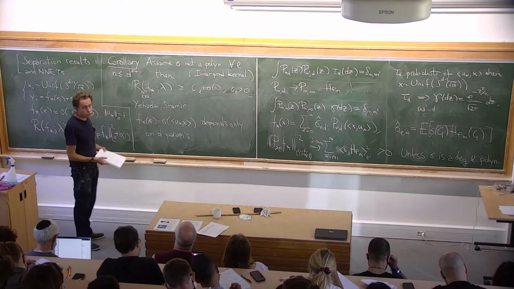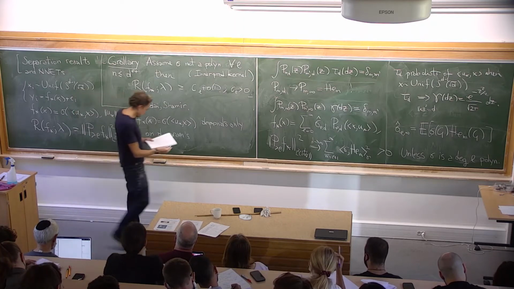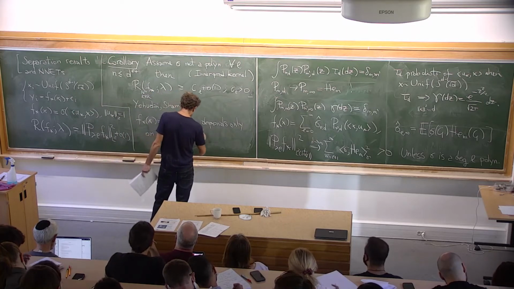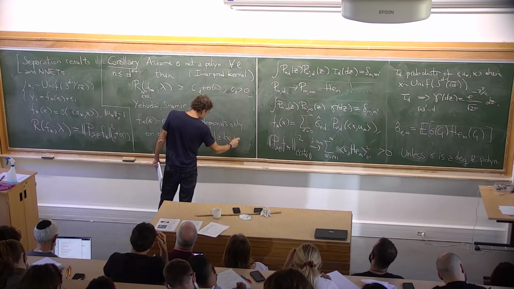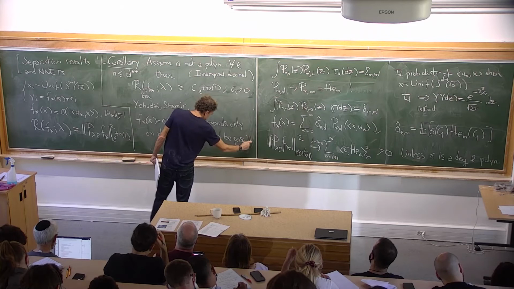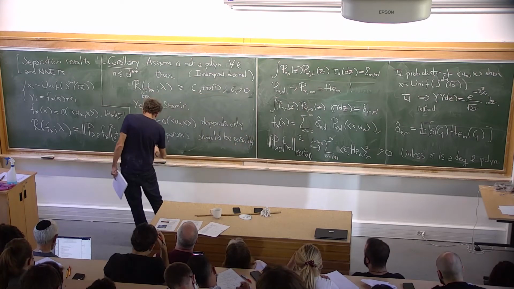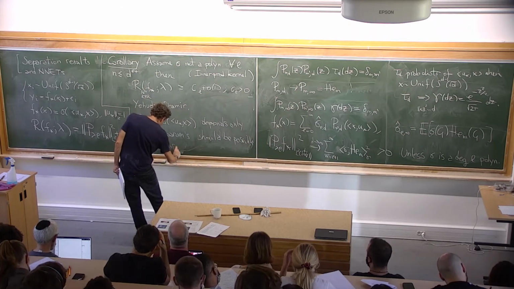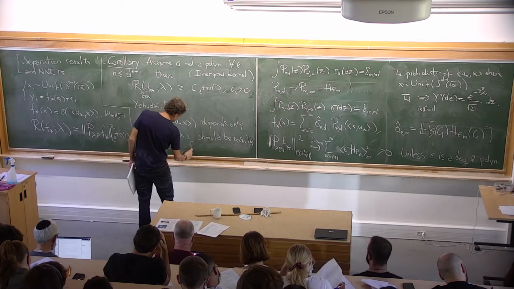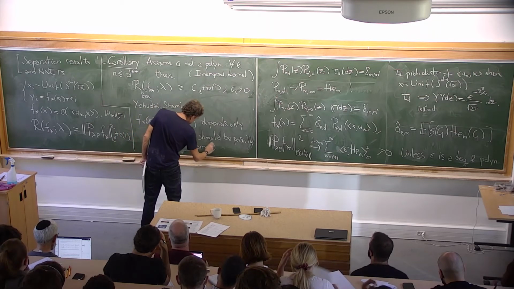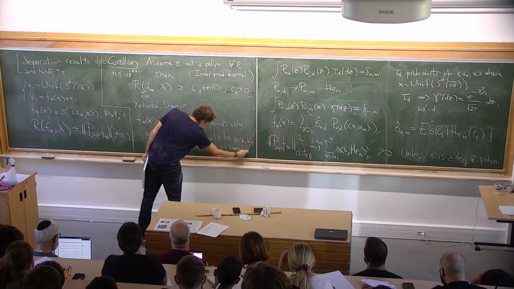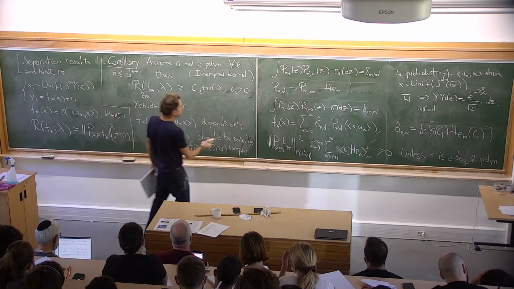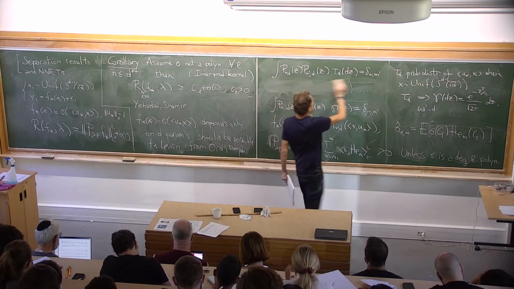So it should be easy to learn. It should be possible to learn with the right inductive bias from order d samples. So here is one example of how to do it.